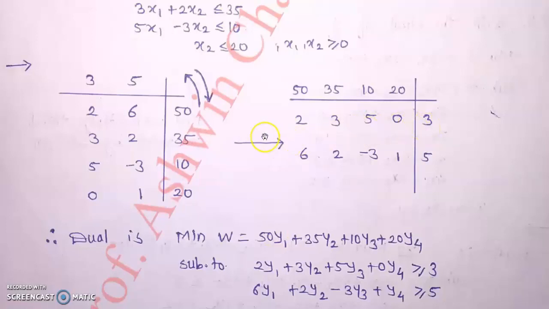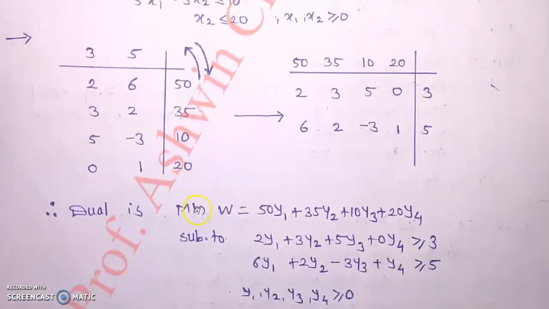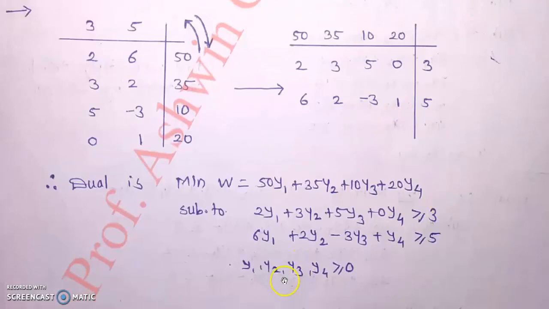I repeat, the given LPP was of maximization and all its constraints were less than or equal to type, but in the dual the problem is of minimization, and all constraints are of greater than or equal to type. The second constraint is 6y1 plus 2y2 minus 3y3 plus y4 greater than or equal to 5. And these variables y1, y2, y3, y4 are non-negative.